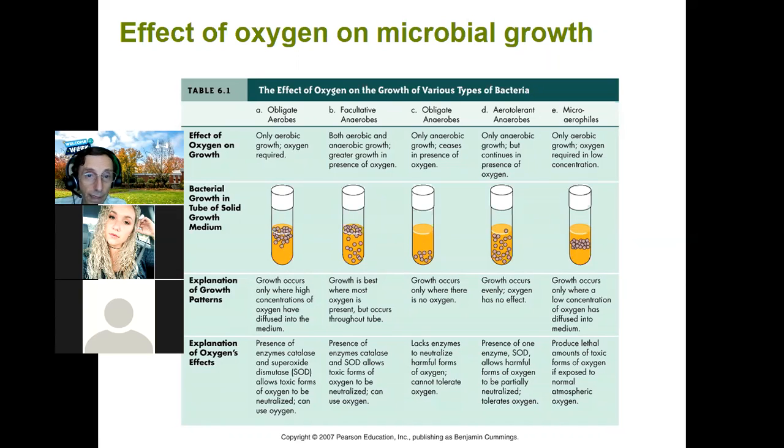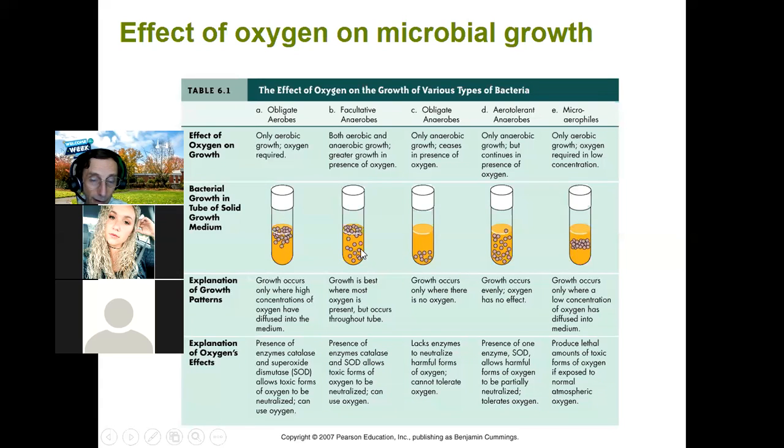So for a facultative anaerobe like E. coli, you'll see the most growth on the top of the media because that's where the most oxygen is. And as you go down the tube, you'll get less and less growth because there's less oxygen here.